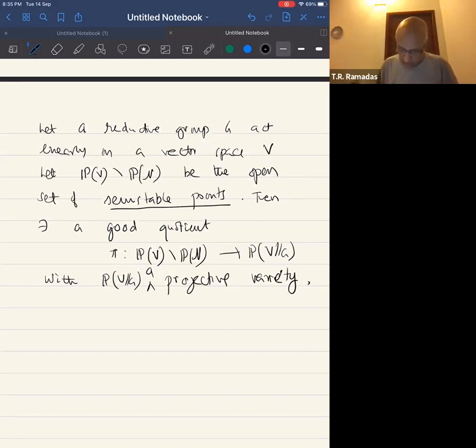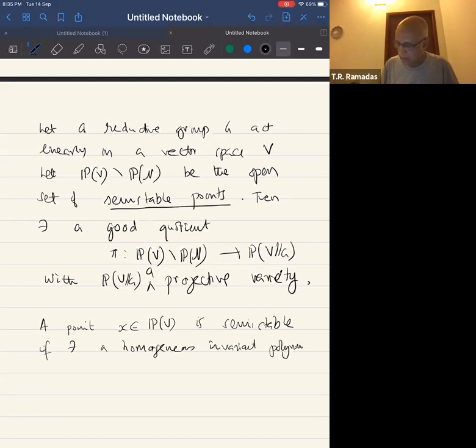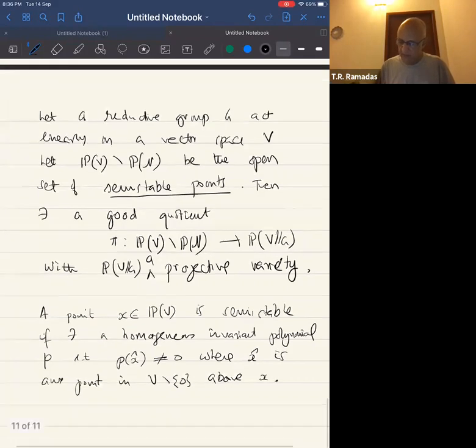So the point X in PV is semi-stable if there exists a homogeneous invariant polynomial P such that P of X hat is non-zero, where X hat is any point in V minus 0 above X. So what do I mean by above X?